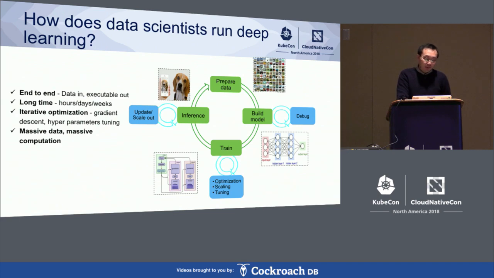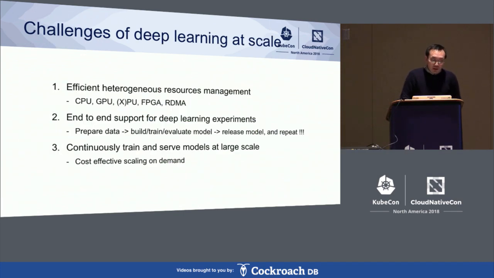And most importantly, a lot of deep learning jobs need massive data and massive computation resources to process all the tasks. So here we summarize: all those characteristics bring some key challenges for running deep learning at scale.